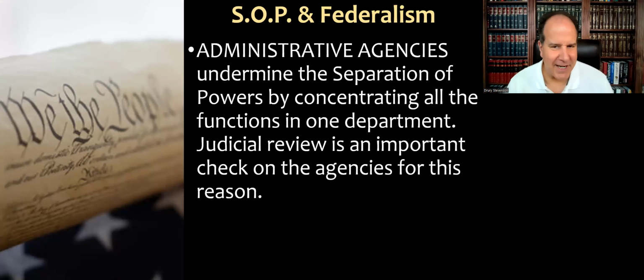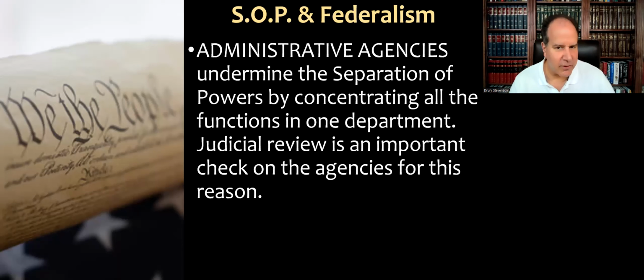Let's talk about government agencies for a moment. A traditional argument against having regulatory agencies is that they undermine the separation of powers by concentrating all of the functions of the different branches in one department. You'll have an agency like the National Labor Relations Board that adjudicates and promulgates.